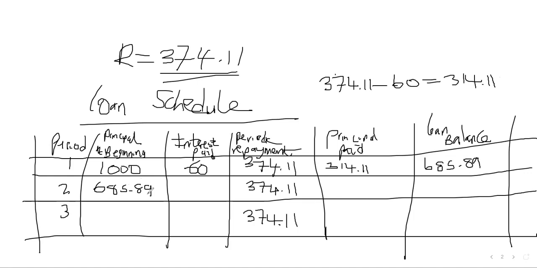Then multiply by 0.06. So we're getting 41.15. So the principal paid is 374.11 minus 41.15, 332.